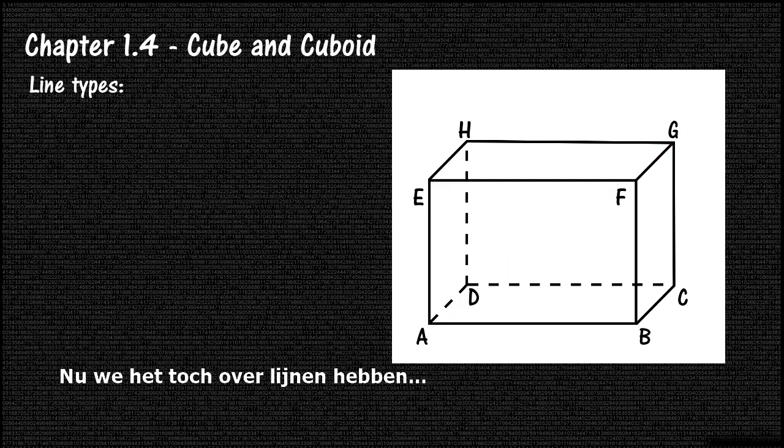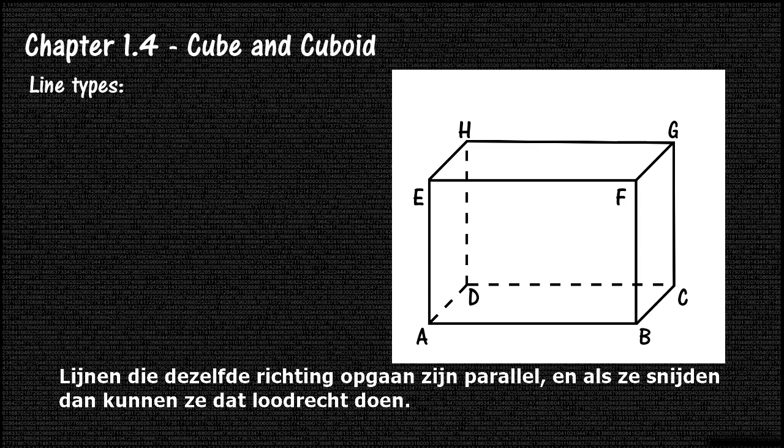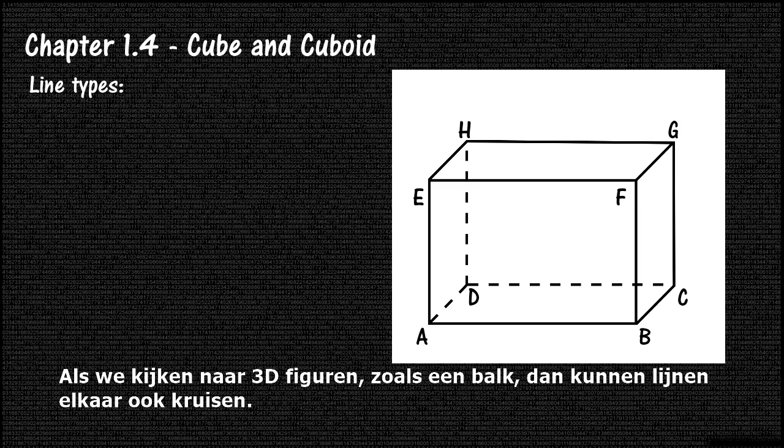While we're on the subject of lines, in the first paragraph I taught you about line types and intersecting lines. Lines that never intersect are parallel, and if they do intersect, they can do that perpendicularly. If we're talking about a 3D shape, such as the cuboid, lines can also be skew to one another.